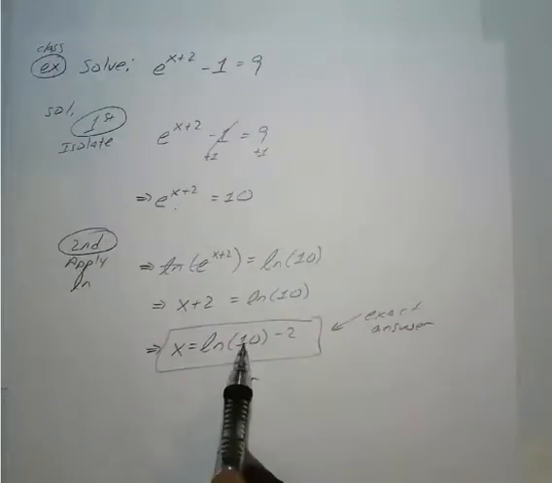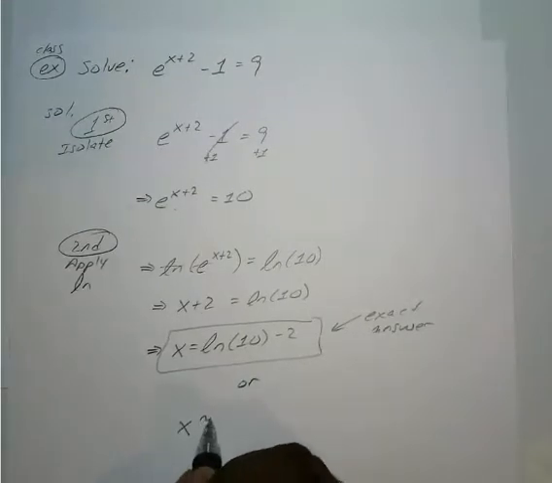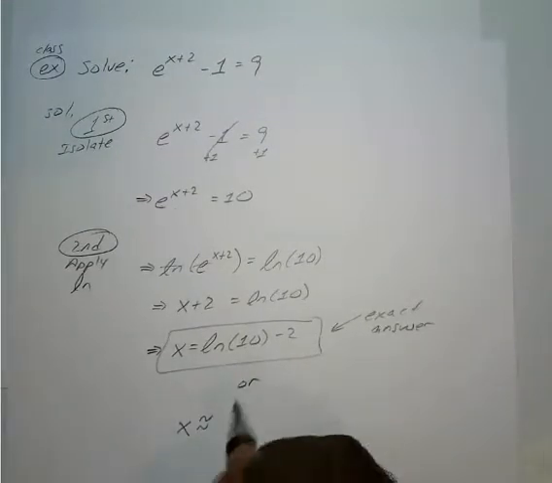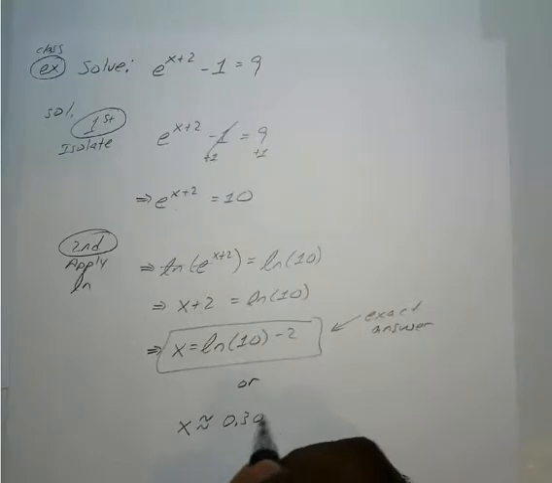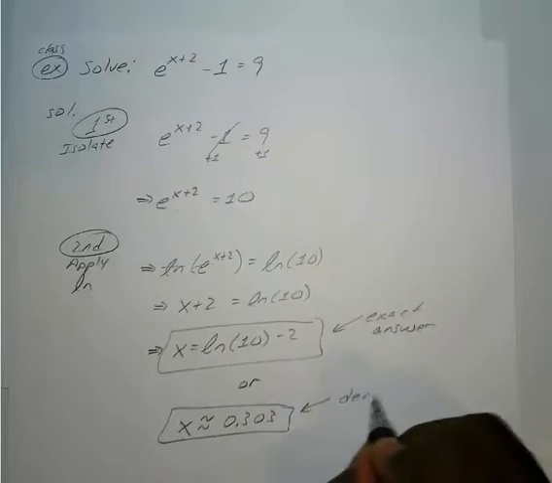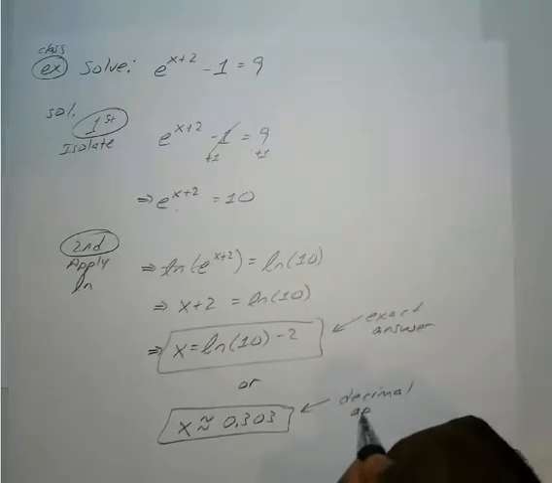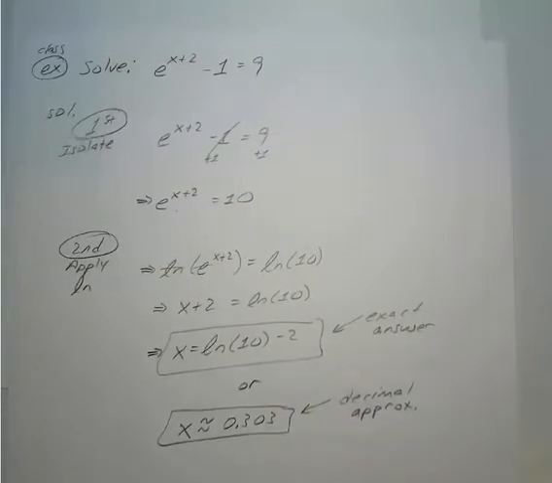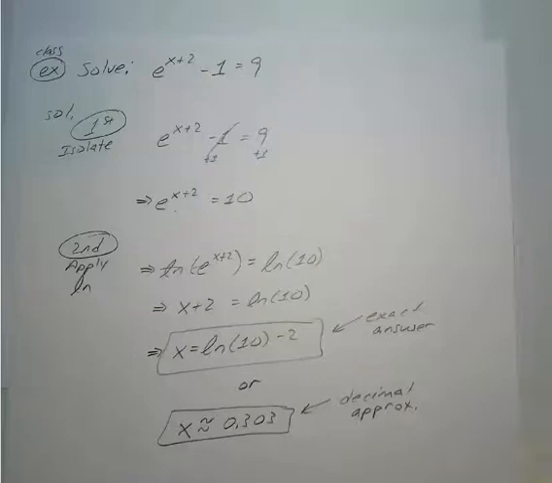Or if you plug that natural log of 10 minus 2 into a calculator, you will end up with x is approximately equal to 0.303, which is your decimal approximation. So once again, it all depends on what answer they ask you for. Be sure to definitely read the problem carefully.